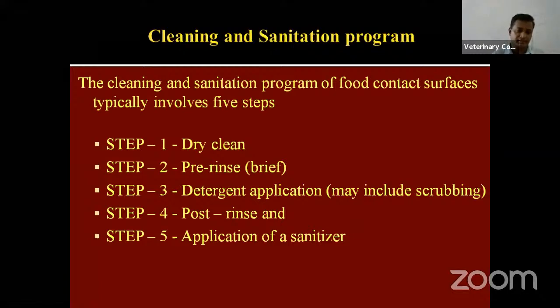Cleaning is first and then sanitization. So clean first: pre-rinse with tap water, detergent application. You remove all detergent by the rinse, okay? Then apply the sanitizer. Give one more rinse to eliminate the sanitizer, okay? Dry it. So that's the way to achieve the sanitation.